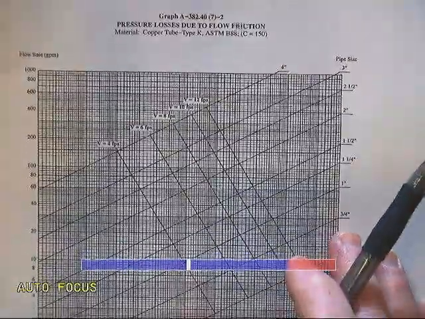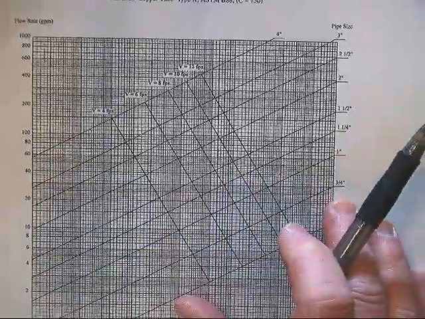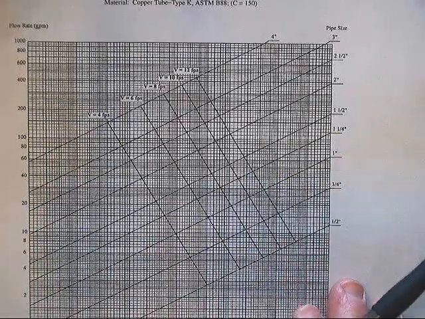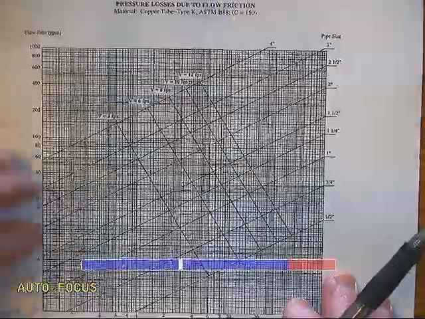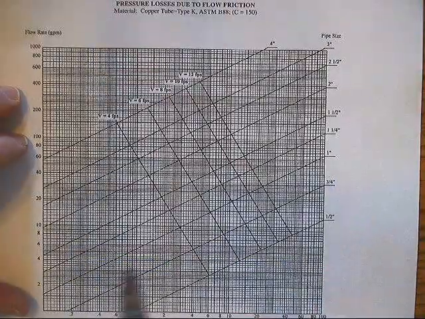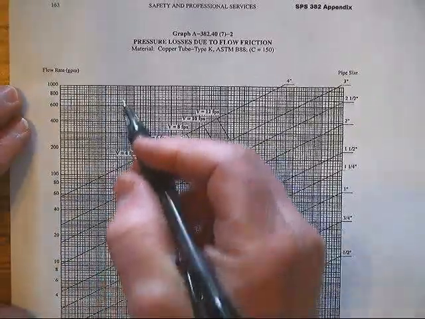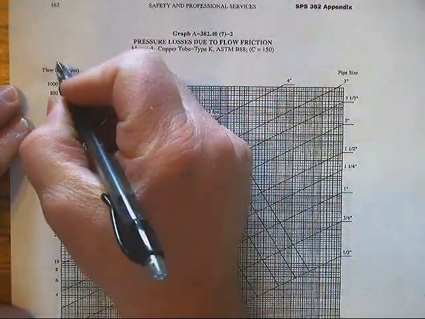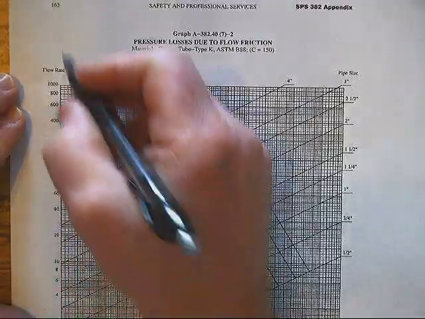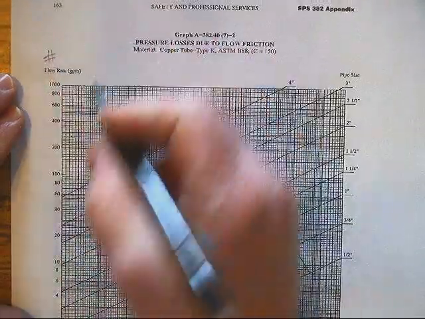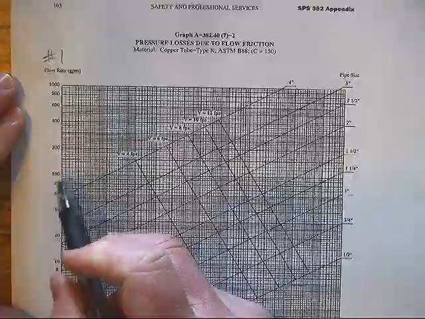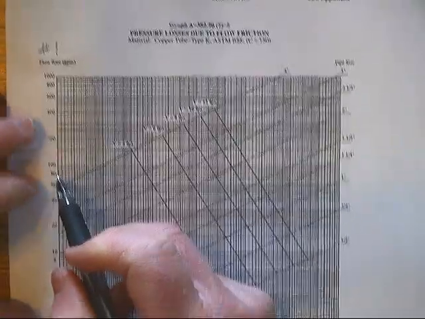The next thing we're going to do is take a look at the logistics of the table and the way that it's set up. What we're going to end up doing is inputting the gallons per minute of the building, which is on the left-hand side. So step number 1 will be to input the gallons per minute of the building onto the left.